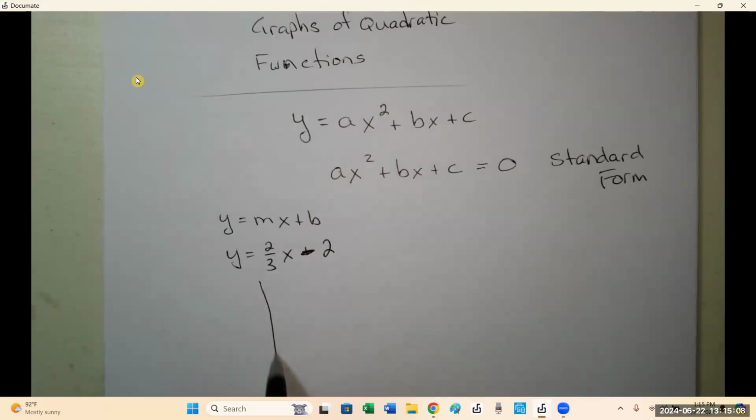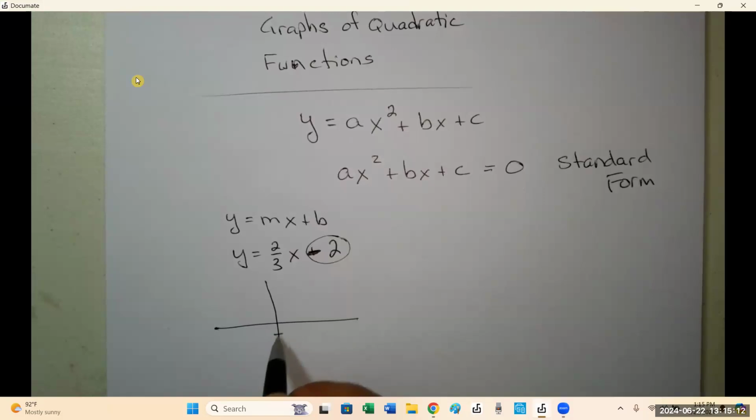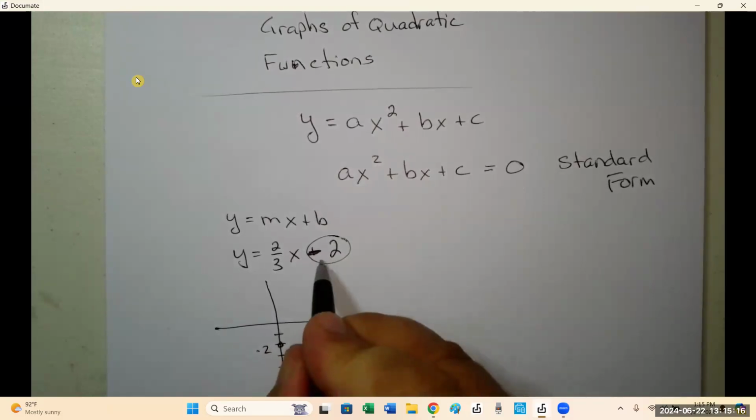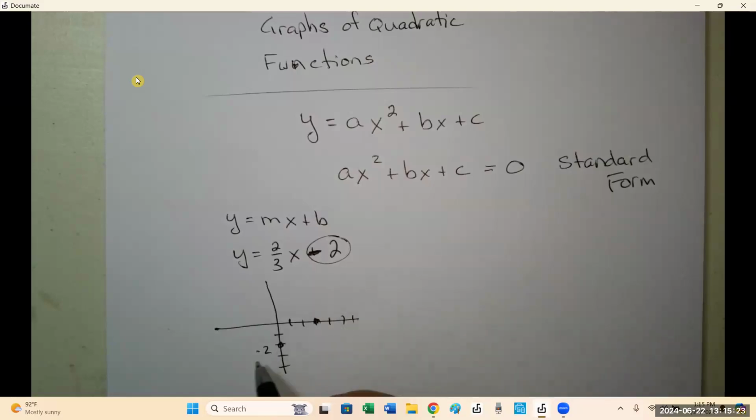So if we were to graph that one, we'd graph the y-intercept first, say negative 2, and then follow the slope up 2 over 3, and then connect the dots. So that was pretty easy when we do linear equations.